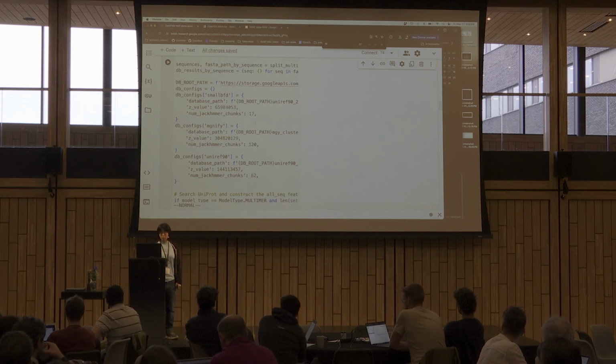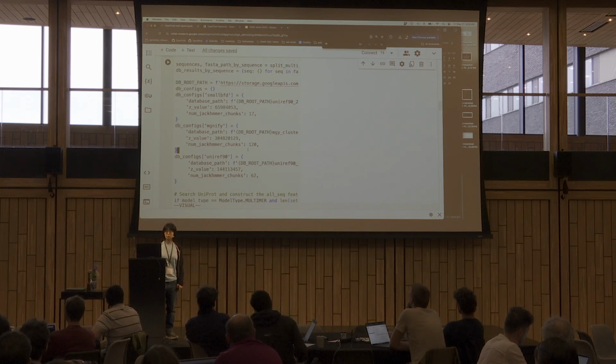If you really wanted to, you can change some of these values to be smaller or to be bigger. If you change them to be smaller, it means that the MSA will take less time, but this comes at the cost of the quality of the predictions, as you might expect. The sequence alignment will be less deep, and there will be a less rich feature set.